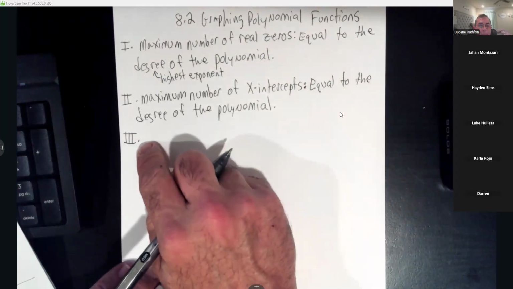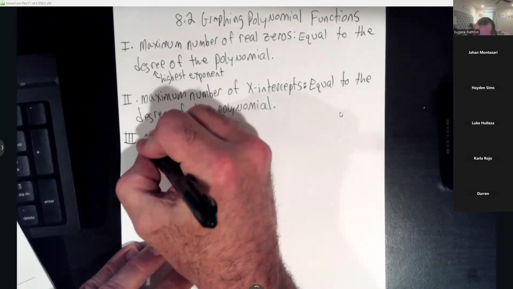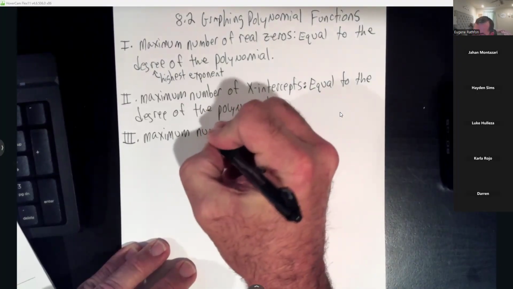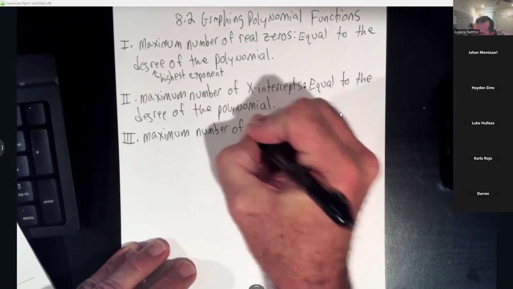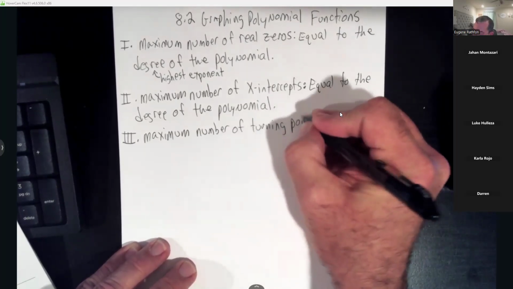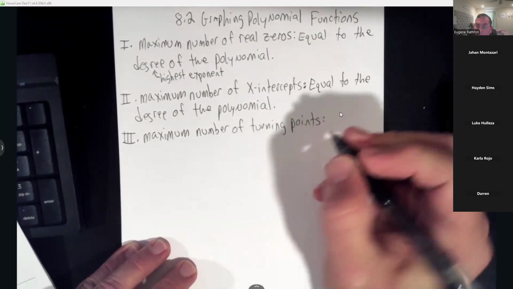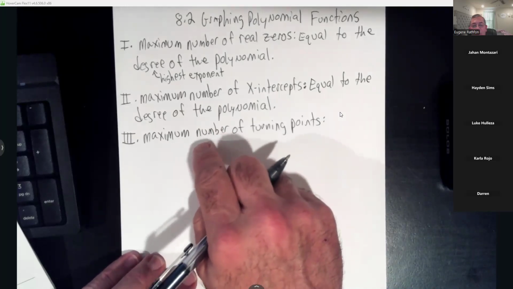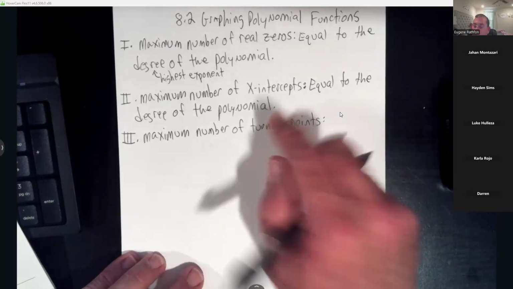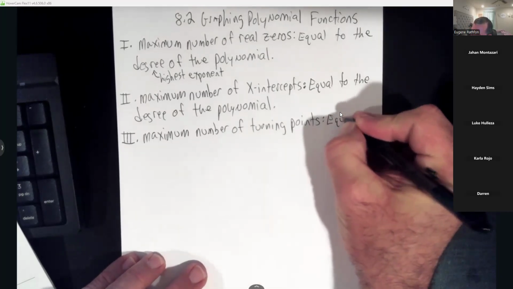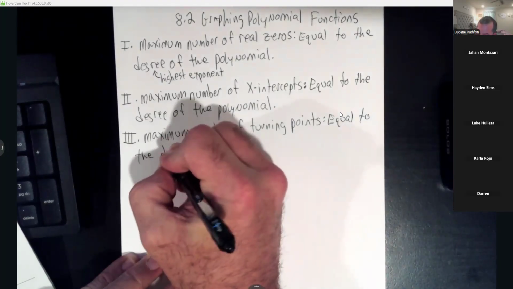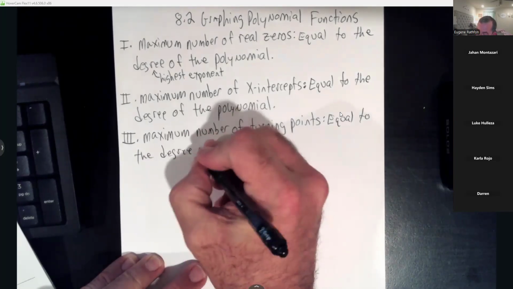All right, the third one, the maximum number of turning points. This is how much the graph is turning. To find the maximum number of turning points, it is equal to the degree minus 1.